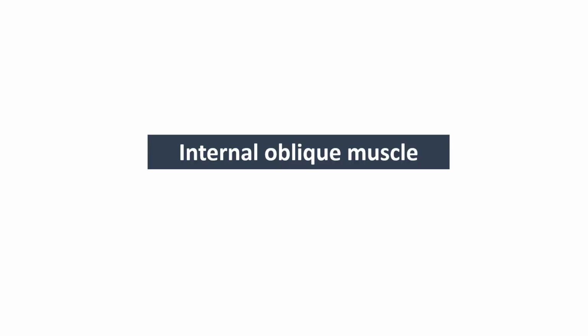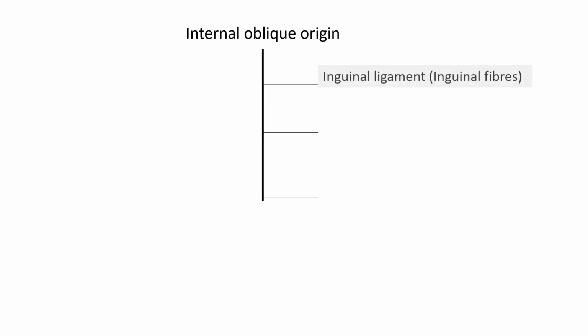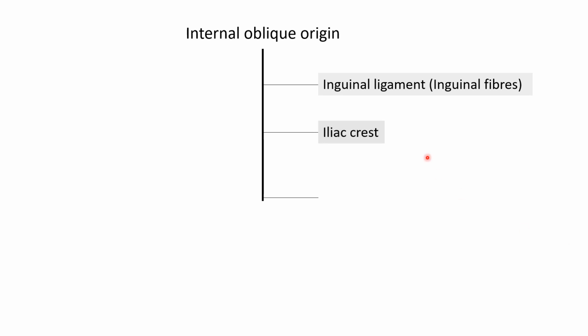Now coming to the origin of internal oblique, which I can group into 3 parts. The fibers that take origin from the inguinal ligament are called inguinal fibers. Next, the fibers that take origin from the iliac crest, and the fibers that take origin from the thoracolumbar fascia.